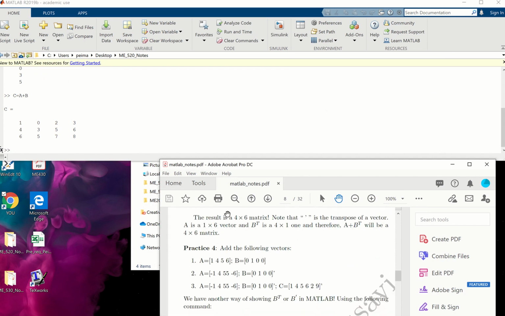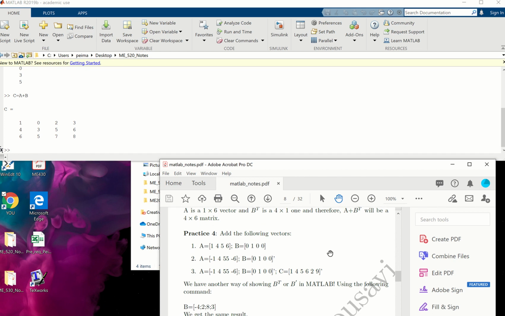The result is a 4x6 matrix. Note that this is a transpose vector again. A is a 1x6 vector and B is a 4x1, and therefore A plus B will be a 4x6 matrix, 4 rows and 6 columns.